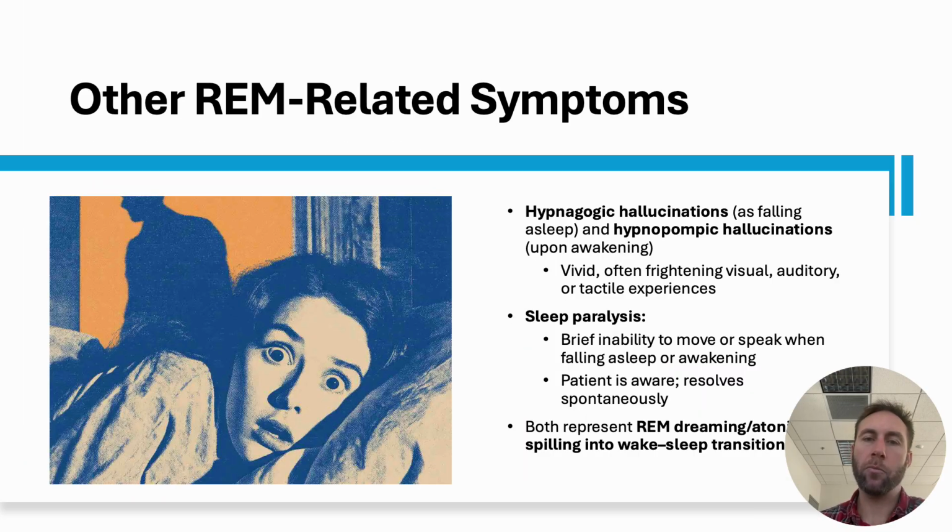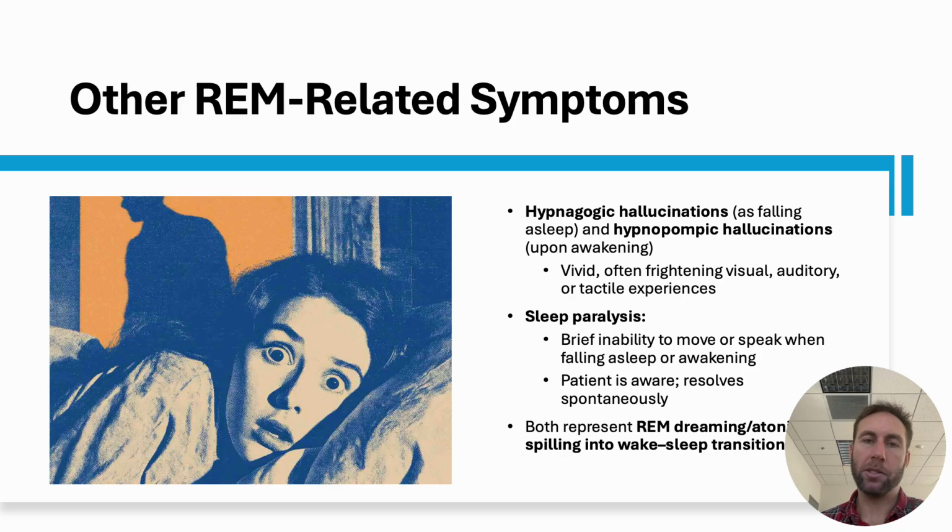All right, so other REM-related symptoms. So narcolepsy also features REM phenomena at sleep-wake transitions. So these are those hypnagogic or hypnopompic hallucinations, very vivid and dreamlike experiences that we all have as we fall asleep or wake up. And they can be terrifying because they feel very real.